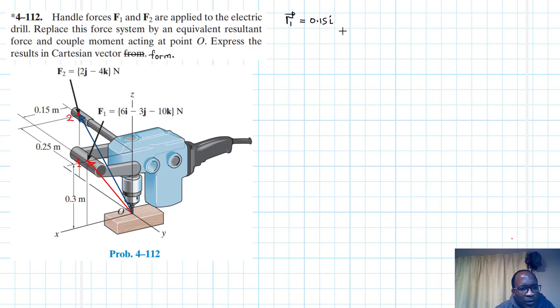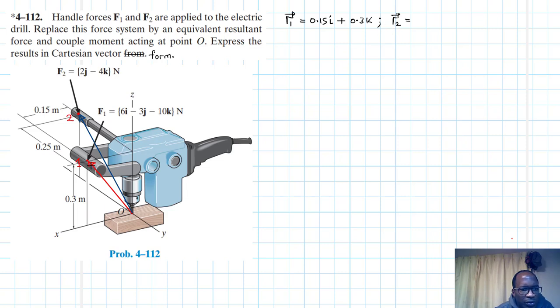Then in the Y, do we have anything in the Y? For R1, in the Y we don't. Then in the Z we do have, it is 0.3 k. Then R2, we're done with this one, right?